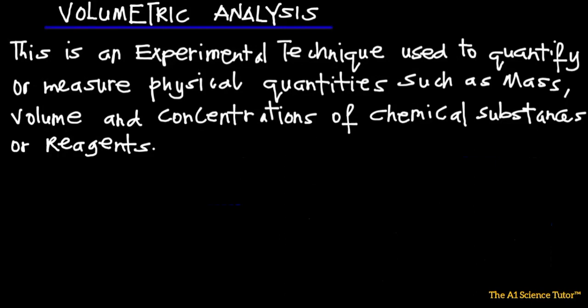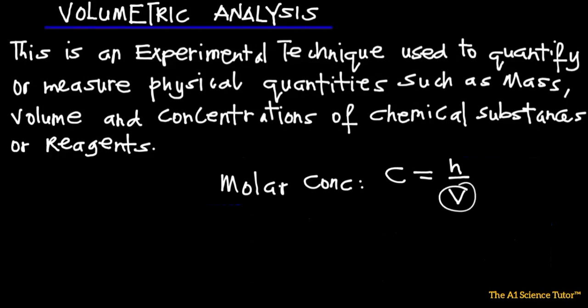Volume is very needful, and volume and concentration sometimes go hand in hand. There is something called molar concentration, most times represented as C, and that is equal to the number of moles divided by the volume of whichever substance it is dissolved in.